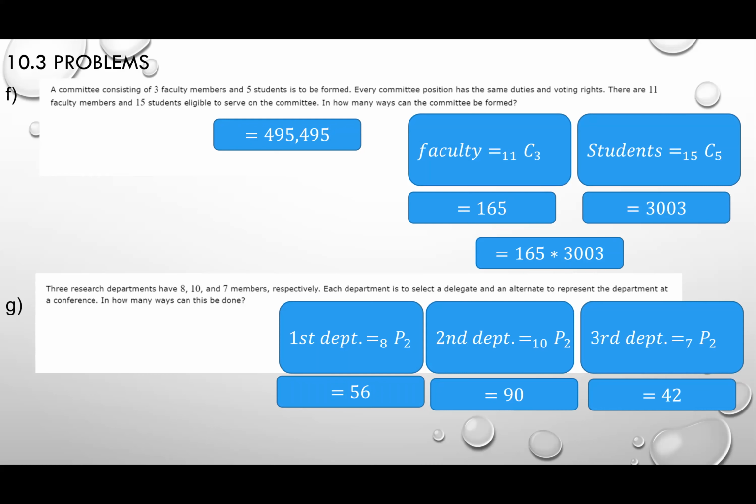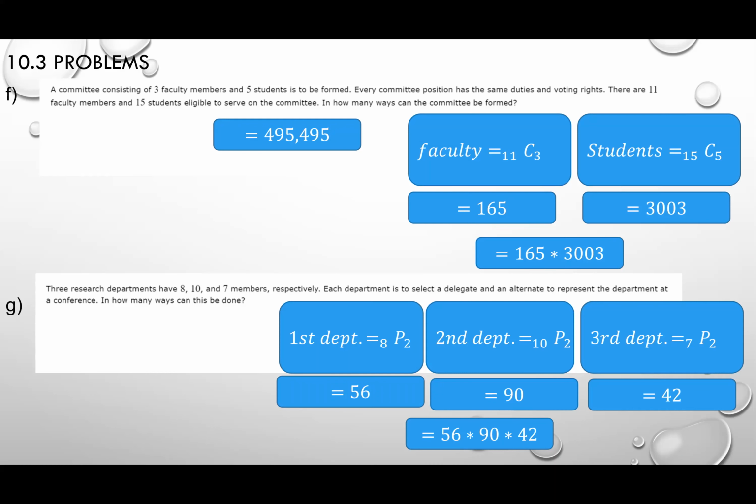Like I mentioned, for the first department we have 8 people, we're choosing 2, but because we need the delegate and then the alternate, if the delegate cannot make it, if he's sick, the alternate will go. So basically, that's what we need to do: find it for the first department, the second department, and the third department.